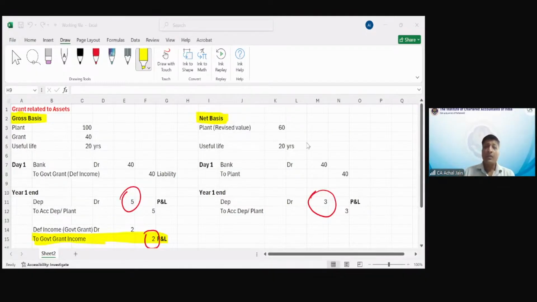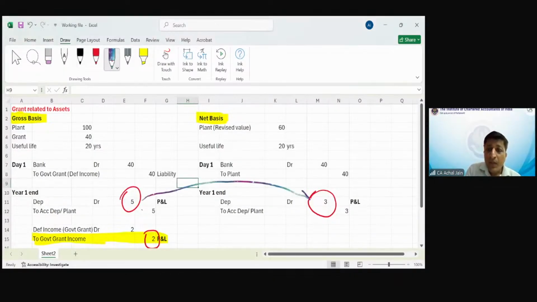You can see the grant income in the form of reduced depreciation charge. The depreciation charge has gone down from 5 to 3 in case of net basis. So your grant income is getting recorded in the form of reduced depreciation charge.